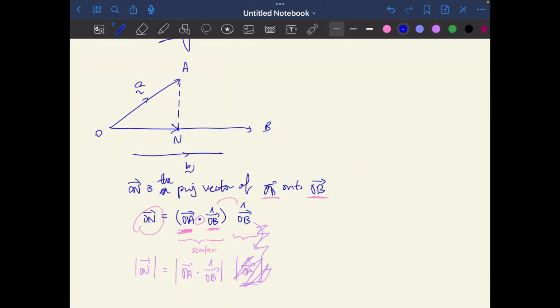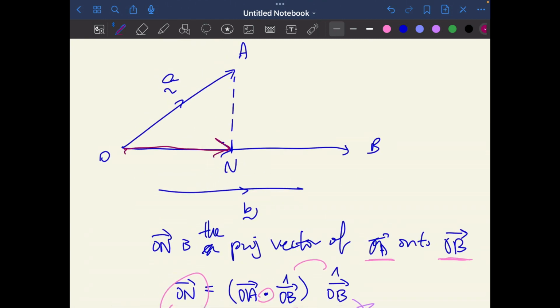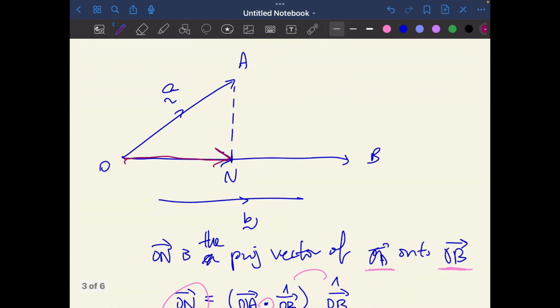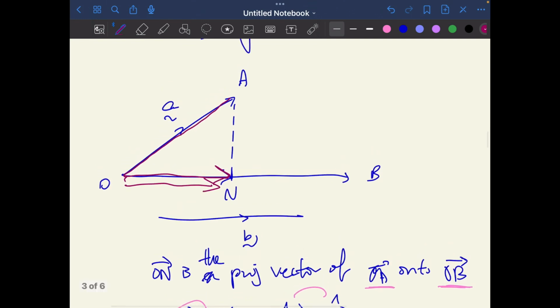Let's end off with the vector components. So we say that ON is the projection vector of OA onto OB because if we look at vector A, ON is the horizontal component of A onto this OB vector.